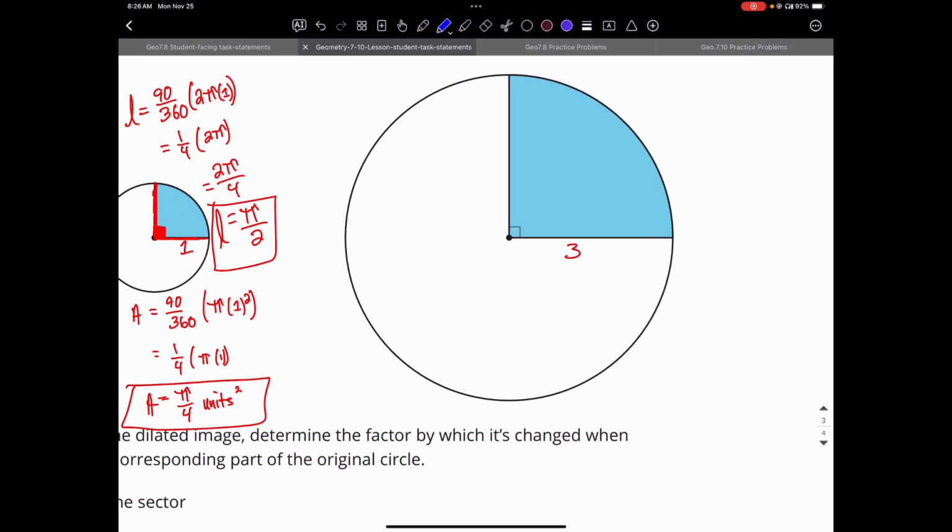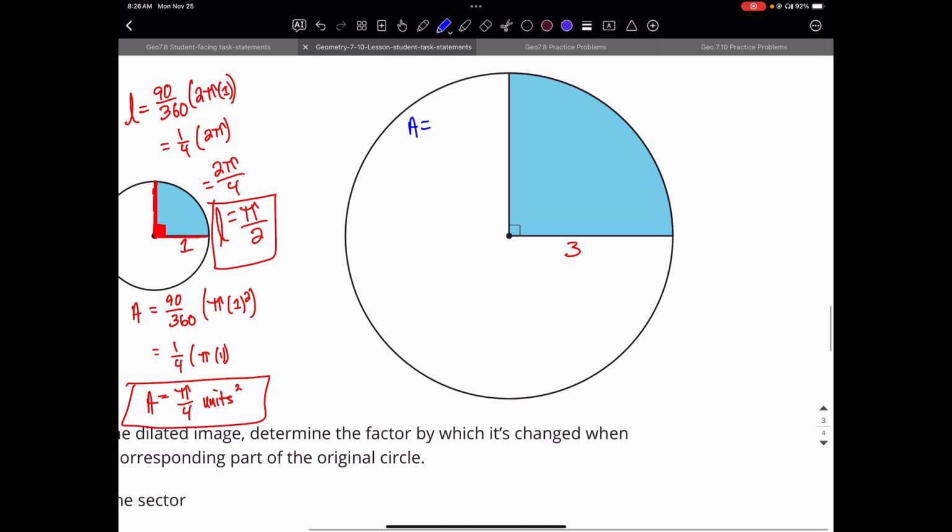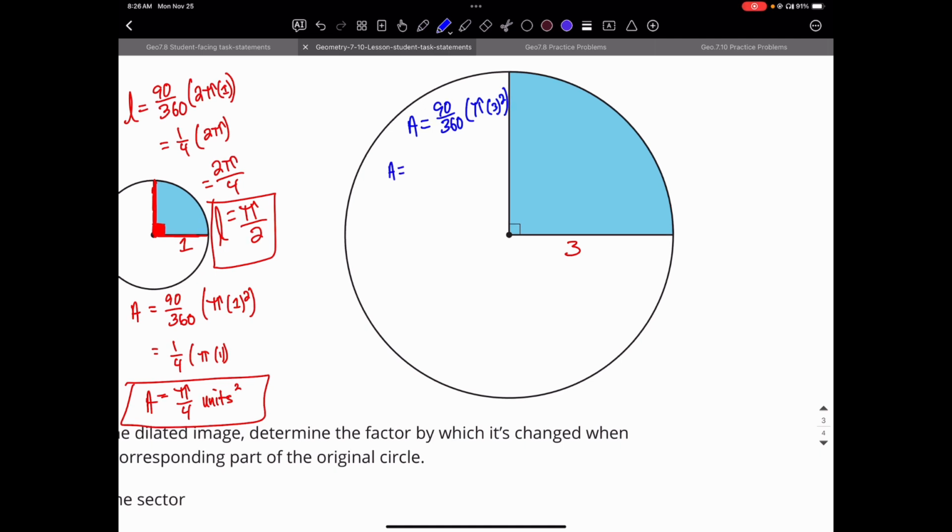The area is going to be, once again, still the same, 90 over 360 times pi times our radius squared. Well, I'm going to use 1/4 again times pi.